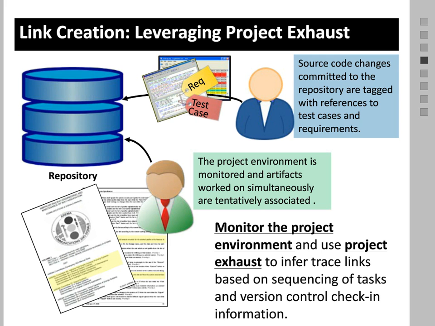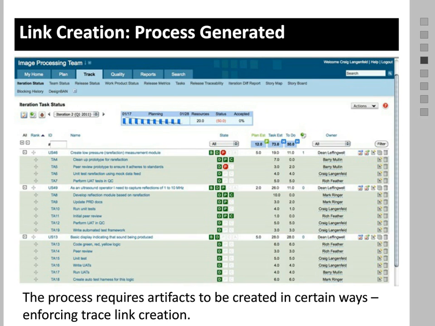And in a closely related area, probably the most effective way of generating trace links is to build the practice into the process. And I think the best example of this is some of the agile tools where you may specify user stories, break the user stories down into tasks, assign test cases to those tasks, and basically as part of the agile tool, all of these things get related together as you're going through the process.